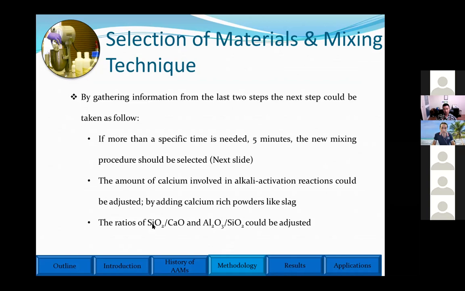So I can adjust the ratio of silicon to calcium and aluminum to calcium, because these are very important in the formation of 3D molecules of geopolymer concrete, or alkali activated concrete.